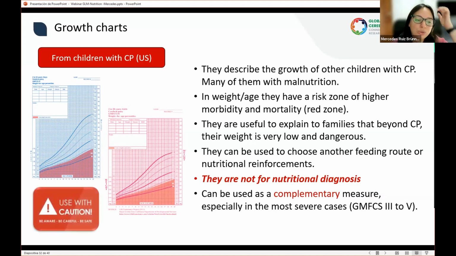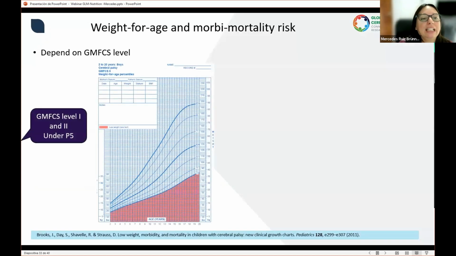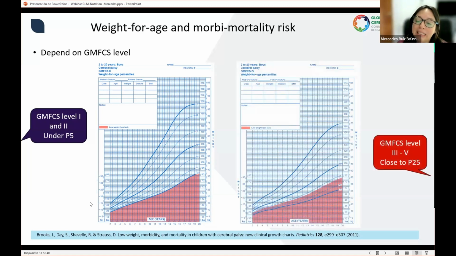But they are meant to be used with caution, I like to say. Depending on the GMFCS level, this risk of mortality or this red zone could be in GMFCS levels 1 and 2 under the percentile 5. And in children with GMFCS level 3 to 5, the red zone is close to percentile 25.